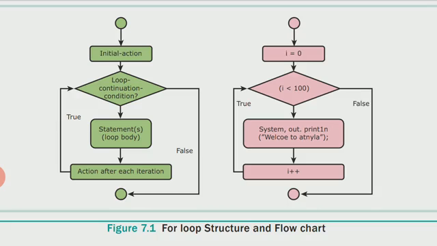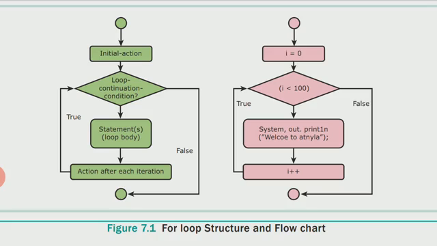If it is satisfied, then the body of the loop will be executed. After each execution, it will check the condition again. If it is true, it will execute the body of the loop again. Otherwise, when the loop continuation condition becomes false, it will go to the end of the loop.